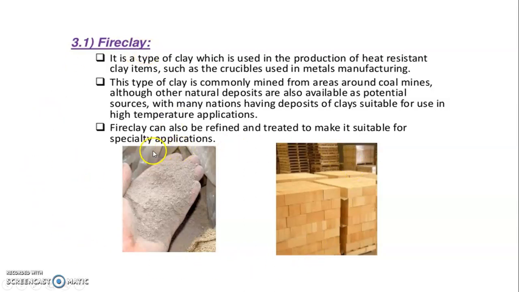It is the type of clay which is used for production of heat resistant clay items such as the crucibles used in metal manufacturing. This type of clay is commonly mined from the areas around the coal mines, although other natural deposits are also available as a potential source, with many nations having deposits of clay suitable for use in high temperature applications.